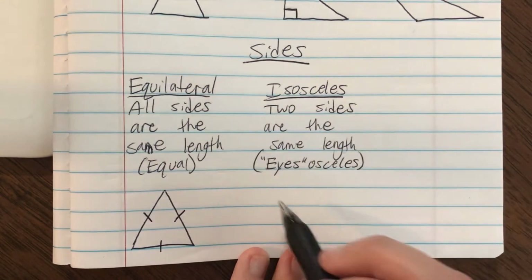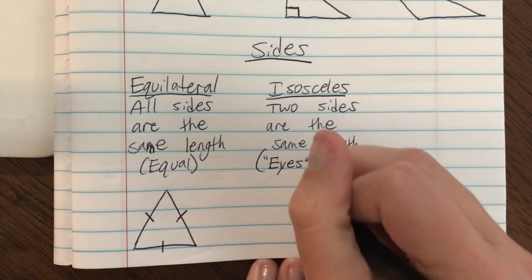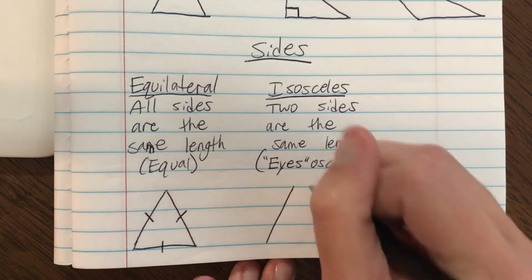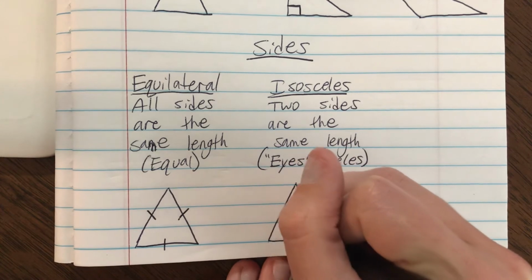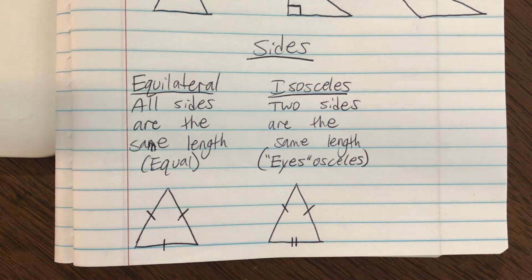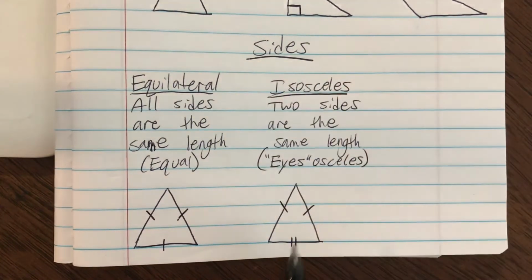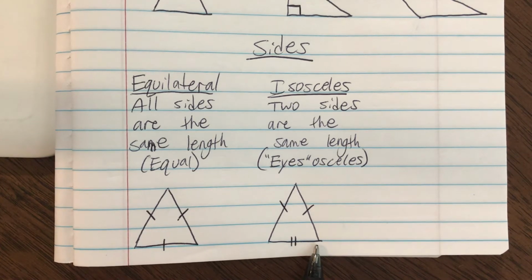You have two eyes, so two sides are the same length. With our isosceles triangle, again going back to our dashes, our tally marks, I'm going to add two on the bottom and then one on each side to represent that these sides are the same length, and this bottom one is going to be our different length.